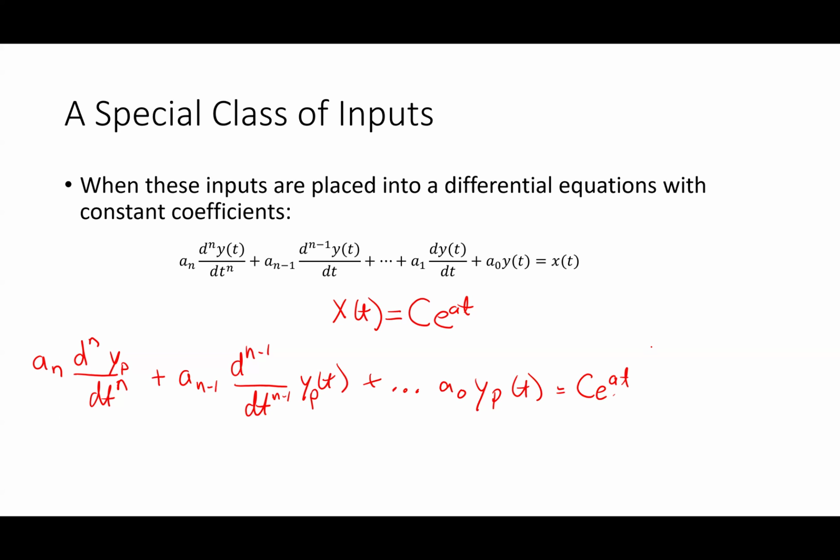If this is the equation that I have, what do I guess ultimately as the particular solution? I always guess a particular solution, and I use this method of undetermined coefficients. What do I guess? What guess should I have?